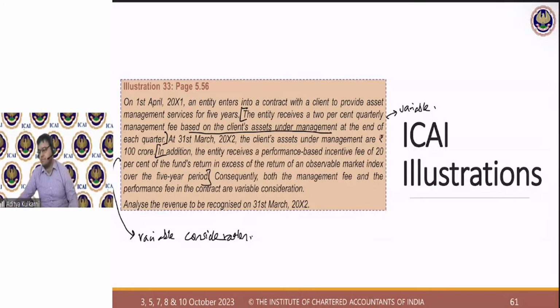What do you think? Should it be 2 crores? Should it include that 20%? Should it not include that 20%? Should it not even be 2 crores? What do you think should be the revenue?